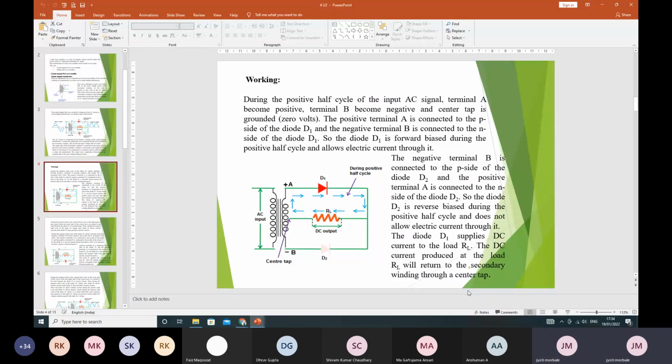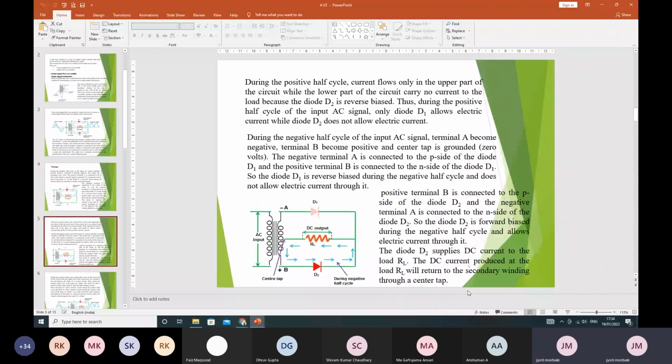Now in the second phase also, the current flows through the load resistor from right side towards the left side. That means irrespective of which diode is in on state, the flow of current through the load resistor is the same. Okay, and that is why we get both the half cycles in the output.